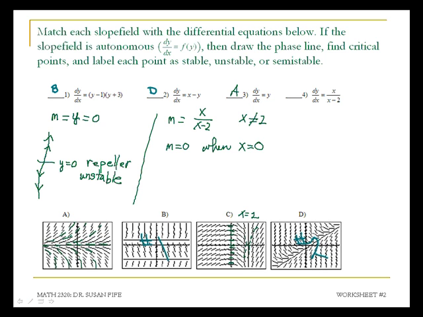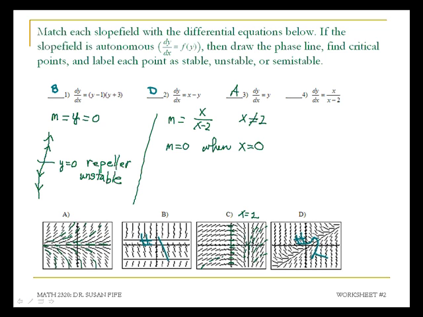And then to verify the rest of the graph, you'll need to compare the factors of the numerator and the denominator. We know that when both x and x minus 2 are positive, the graph is going to be increasing. That's going to be these portions to the right. When both x and x minus 2 are negative, the graph is also going to be positive.